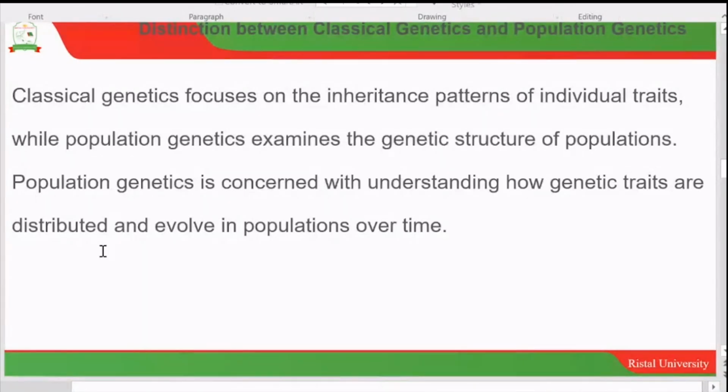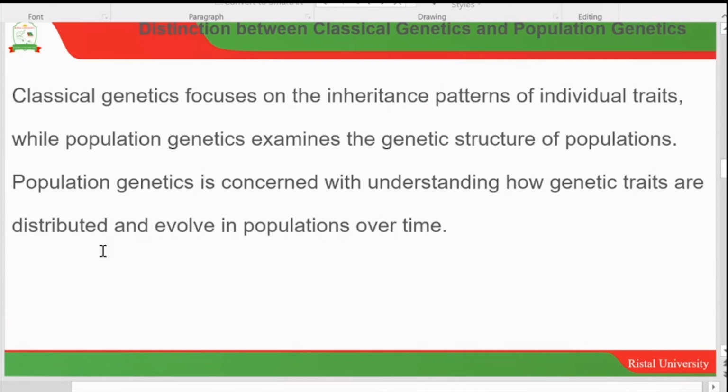In other words, classical genetics refers only to the individual level. We're looking at the inheritance pattern of individual traits, meaning we're looking at a single person. However, population genetics looks at the genetic structure that exists along that particular population.